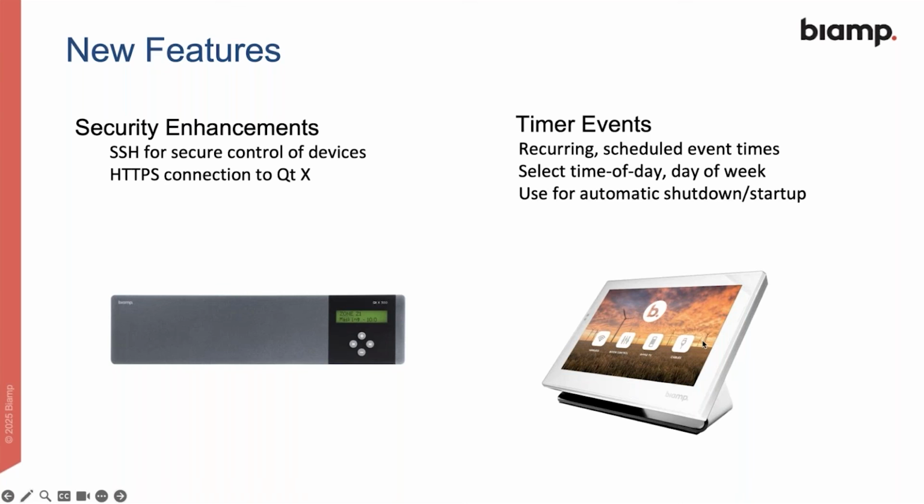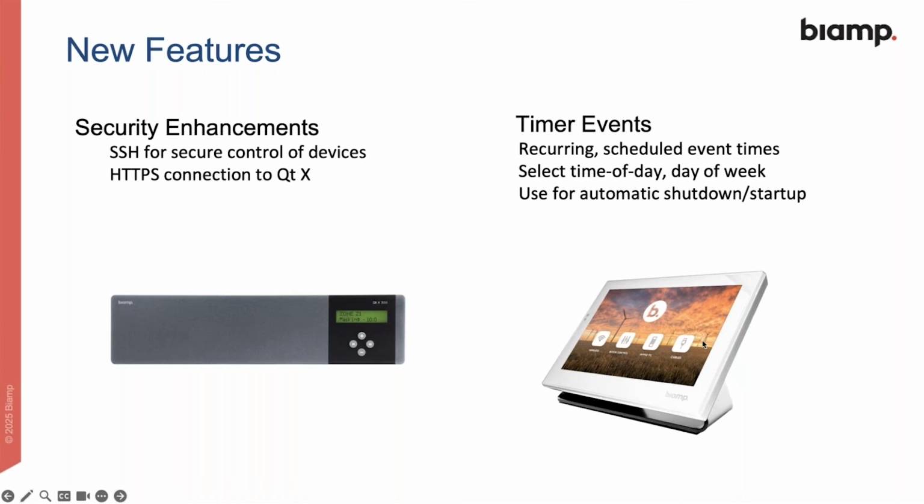Timer events is also a relatively new function that was added. So it's great for automatic shutdown and startup of system. You can select a specific time of day, a day of week, and during programming and demonstration, you might have seen in the last option, the feedback tab, there is a timer event section.